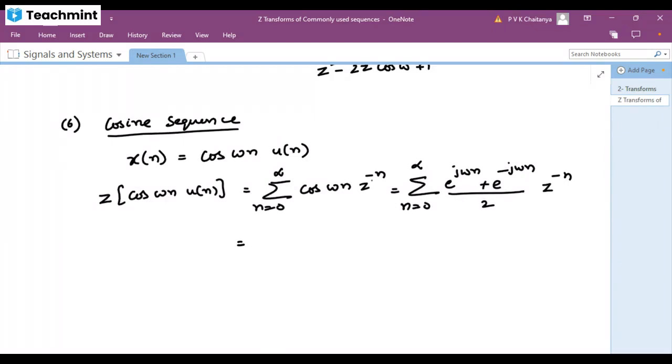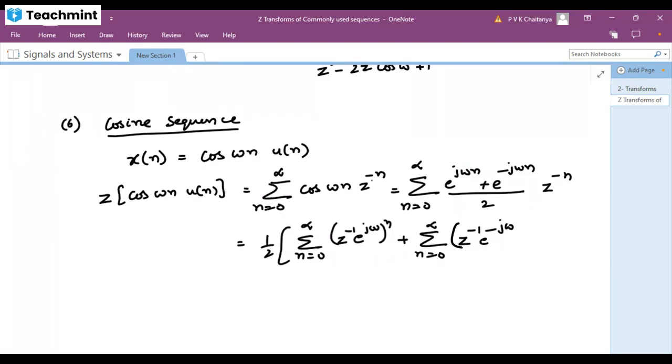So I can write this as 1 by 2 sigma n from 0 to infinity of z power minus 1 e power j omega, power n, plus sigma n equal to 0 to infinity of z power minus 1 e power minus j omega, power n.